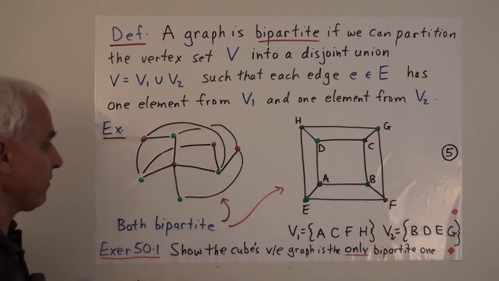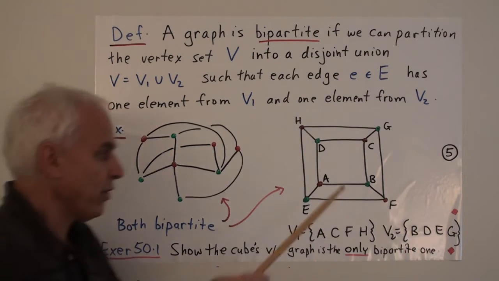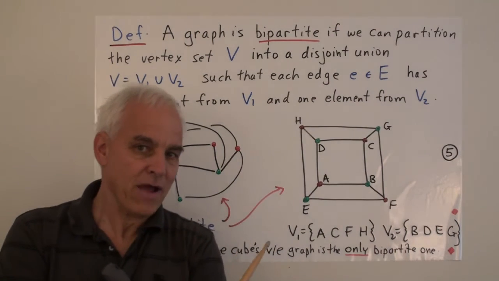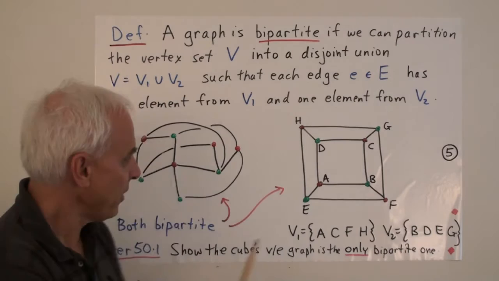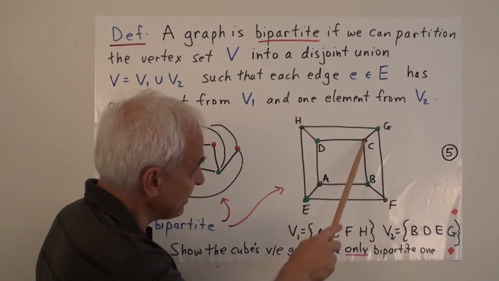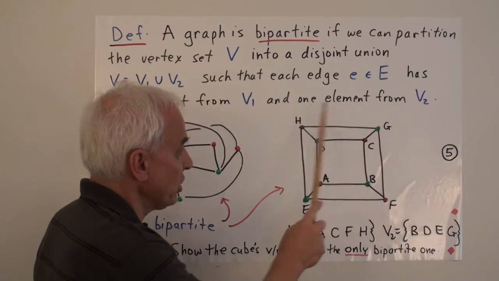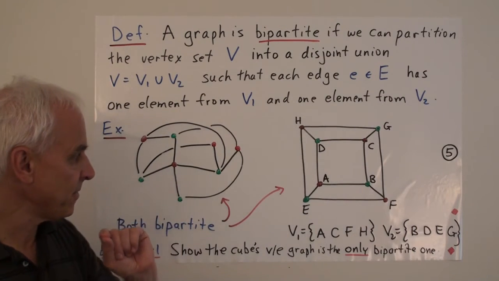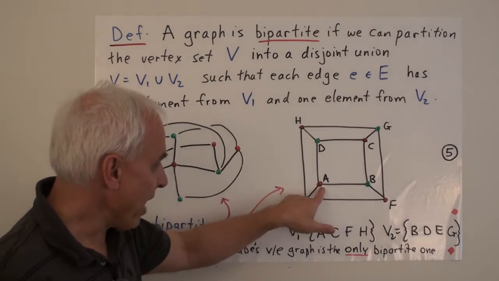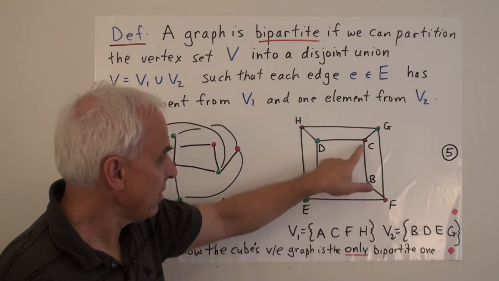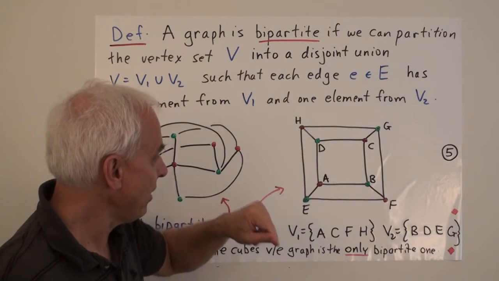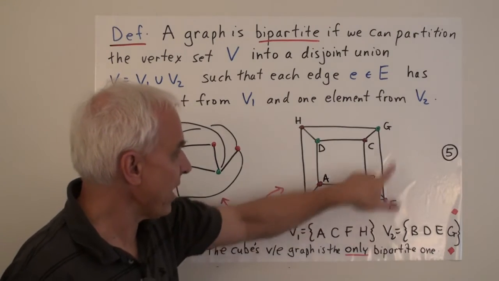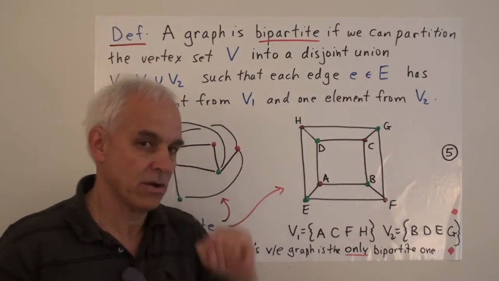That's a bipartite graph. Now here is our graph of the cube with a familiar labeling A, B, C, D, E, F, G, H. And we can see that this is also bipartite because we can make A red, B green, C red, D green, and then E green, F red, G green, and H red.